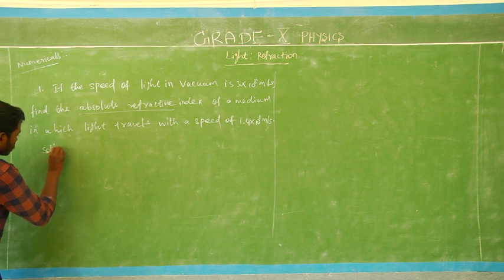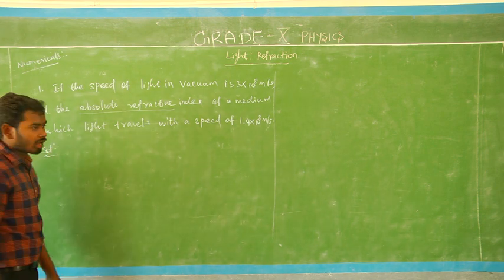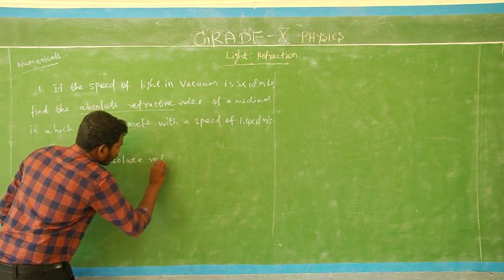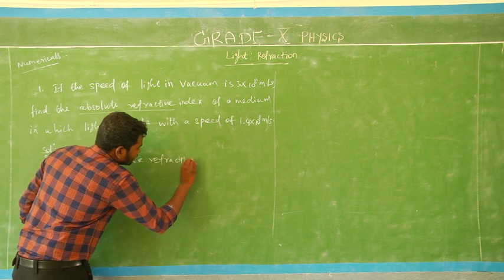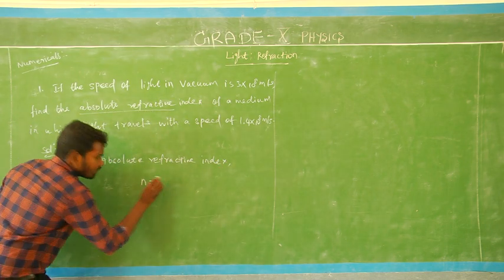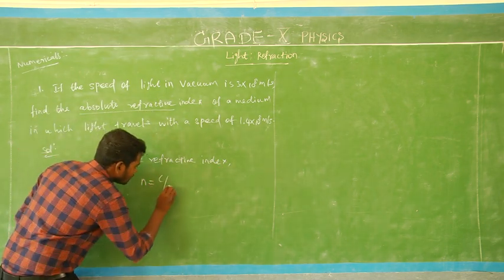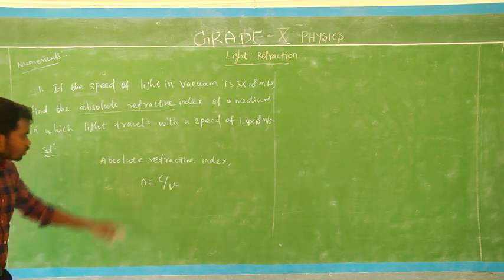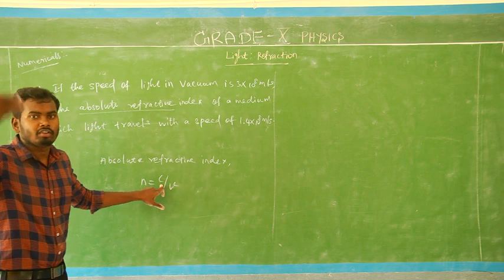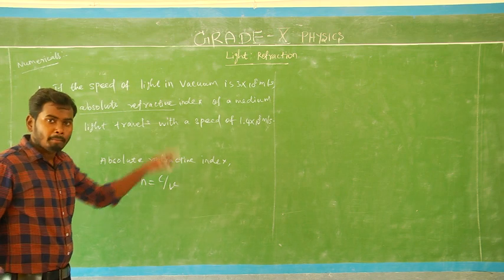Solution. What is the absolute refractive index formula? n is equal to c by v. We know that refractive index n is equal to c, where c is the speed of light in vacuum and v is the speed of light in the particular medium.